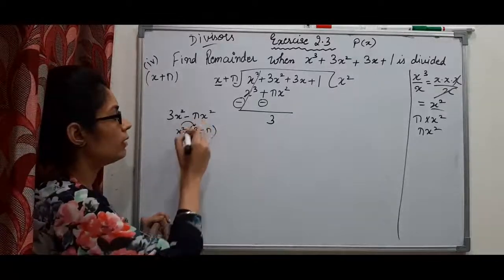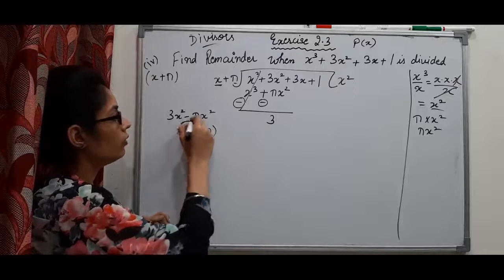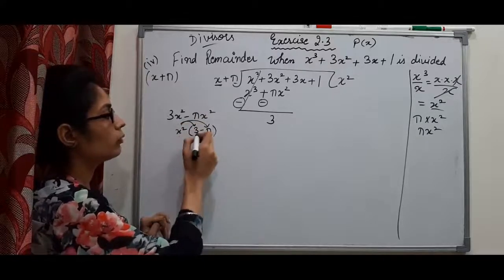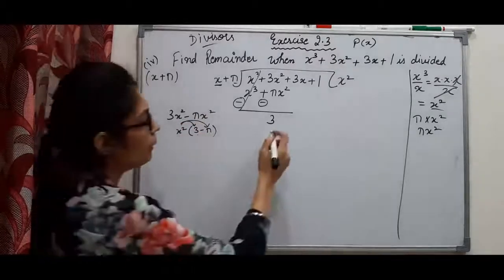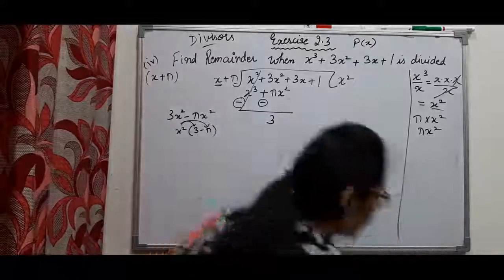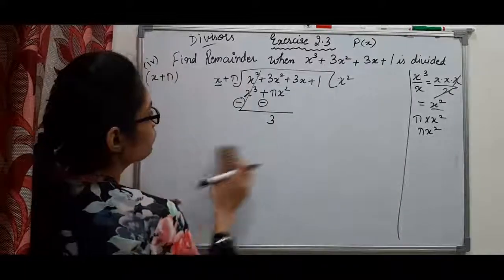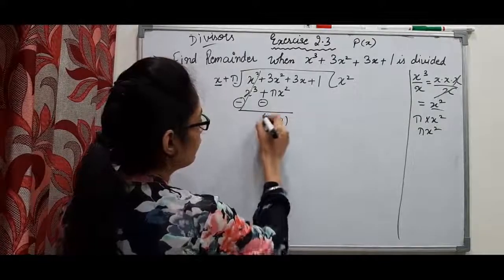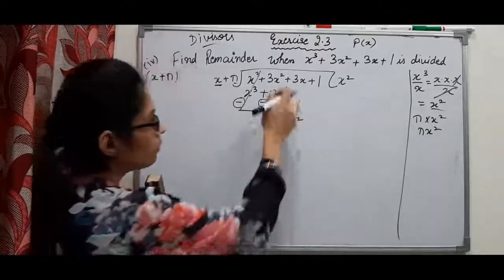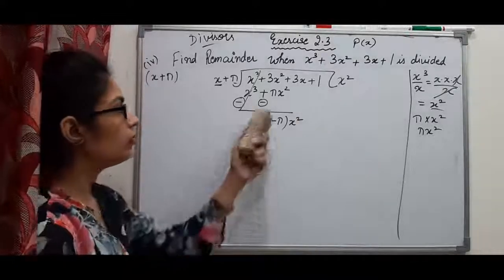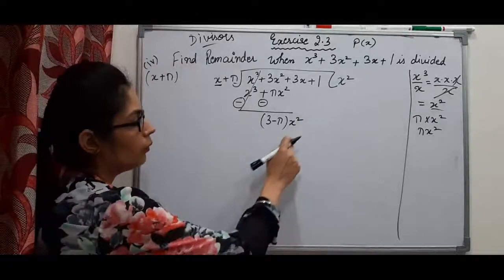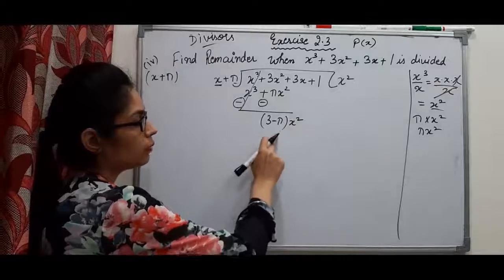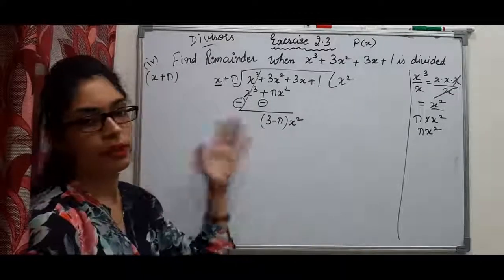See, if you multiply it again, x square with 3 you will get the same term, 3x square minus pi x square. So I am just writing x square outside the bracket in this way, 3 minus pi x square, because it will not make any difference, everything is same, only x square was coming with both the terms, that's why I have written in this way.